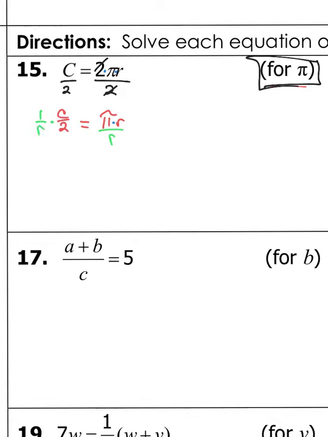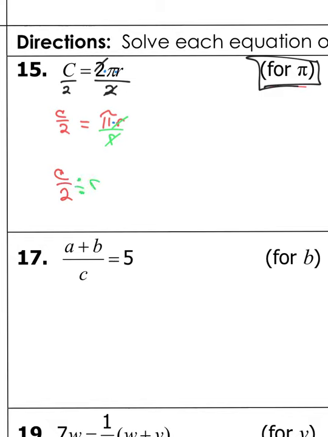Okay, if that kind of confused you, let's go back for a second. When I'm dividing by r over here, they're going to cancel out. If I divide by r, what I'm going to have is c over 2 divided by r, right?